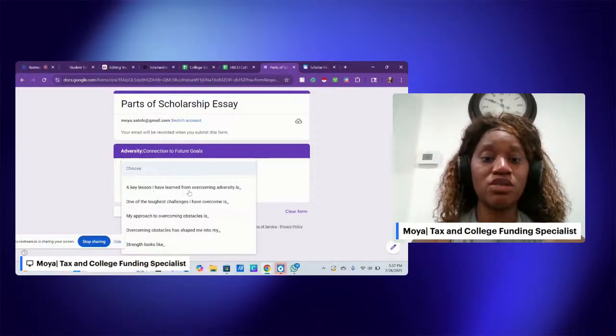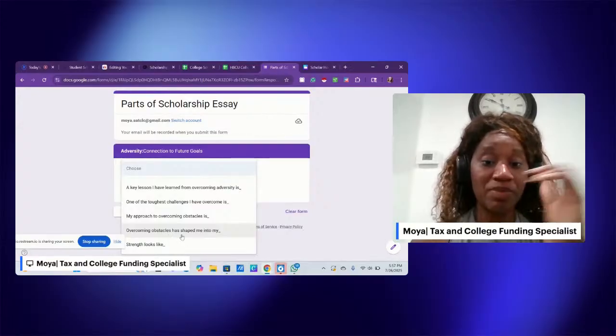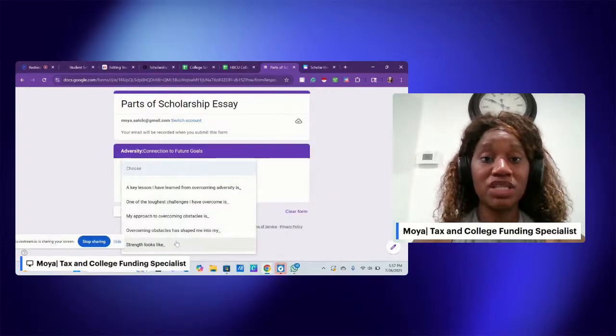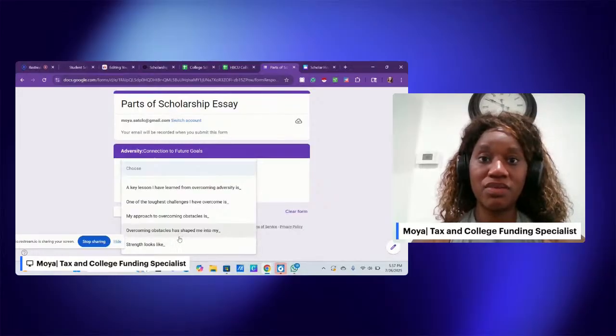A key lesson I've learned from overcoming adversity is... One of the toughest challenges I have overcome is... My approach to overcoming obstacles is... Overcoming obstacles has shaped me into my blank. Strengths look like blank. Okay, what would that look like for you? What would that be?